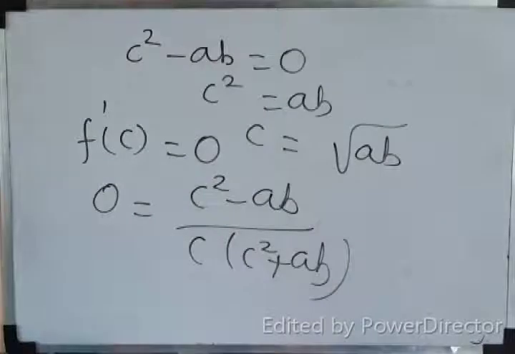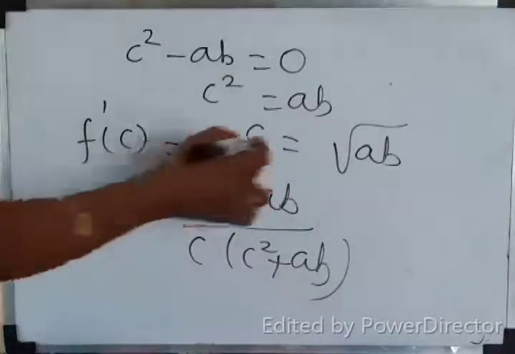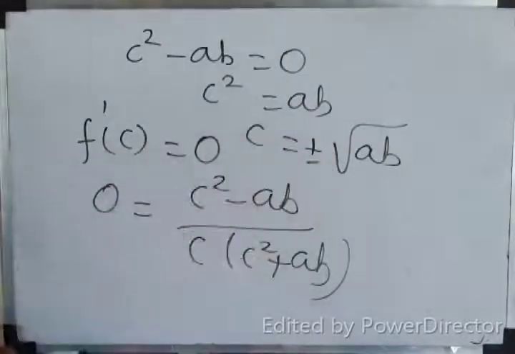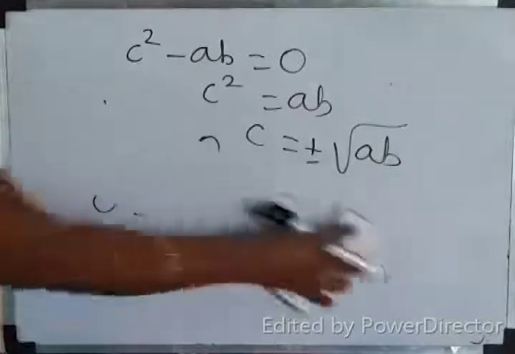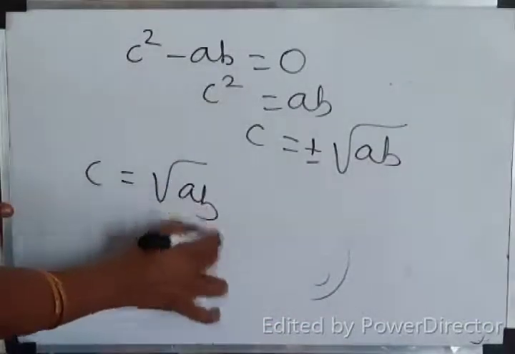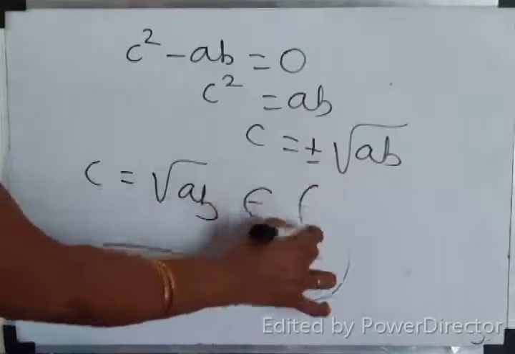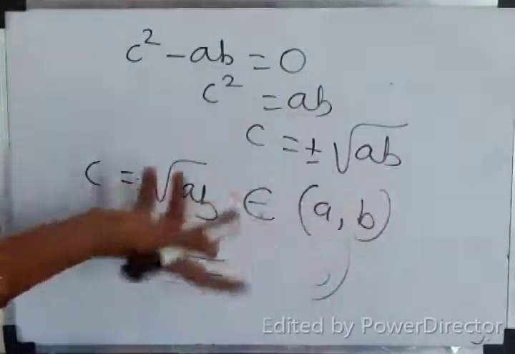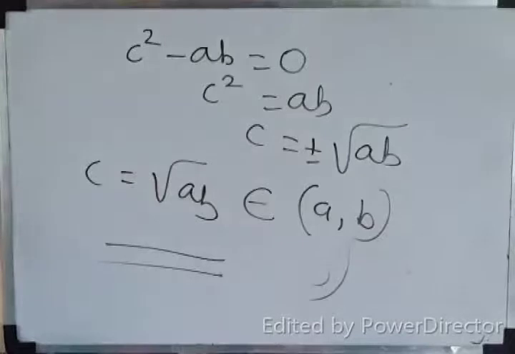Correct? But don't use plus or minus. Actually c equal to plus or minus root ab, but if you take c equal to plus root ab only, it lies within the interval a comma b. Negative will not be applicable within the interval. So root ab belongs to open interval a comma b. Hence Rolle's theorem is verified.